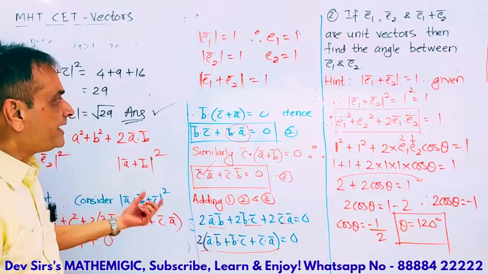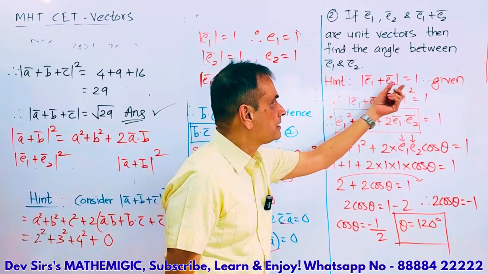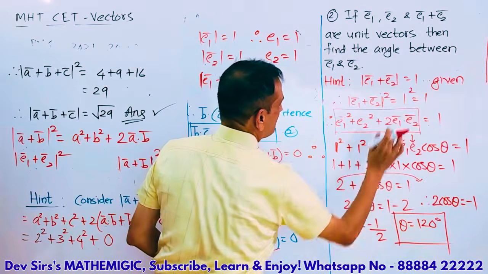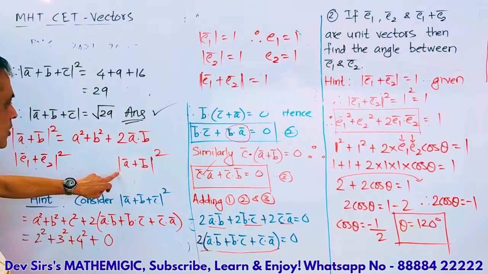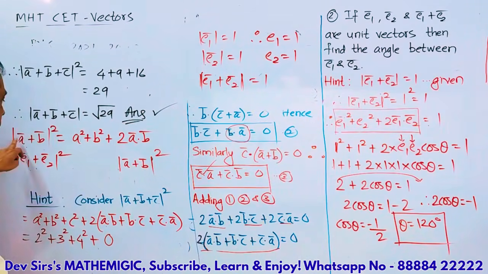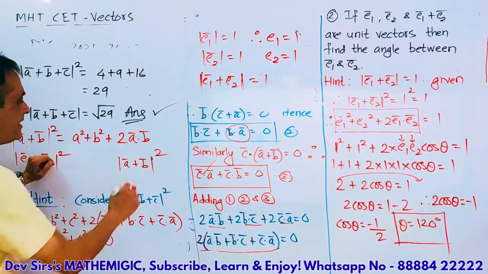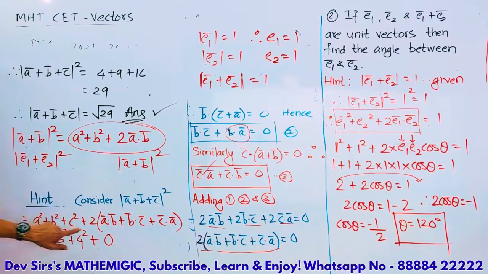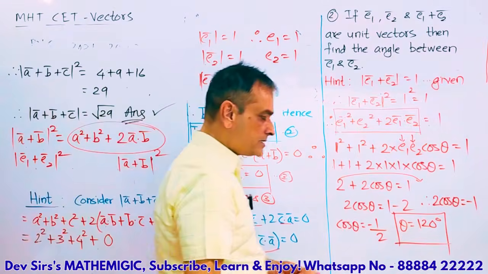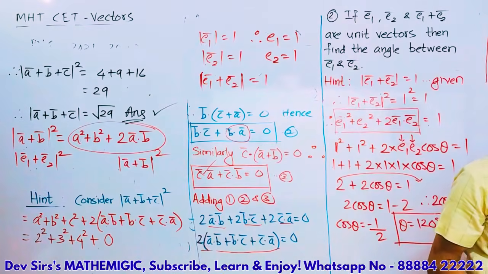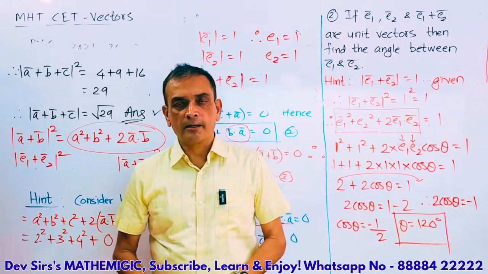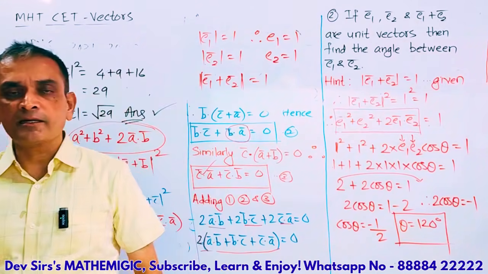Or if magnitude of A plus B is given like this, 1, always consider A plus B bracket squared, because you have a formula for magnitude of A plus B bracket squared, and remember both the formula. We saw this formula in the first sum. Okay, these are two new useful shortcuts for you for certain problems. Clear? Okay. If time permits, we'll take the next one now.